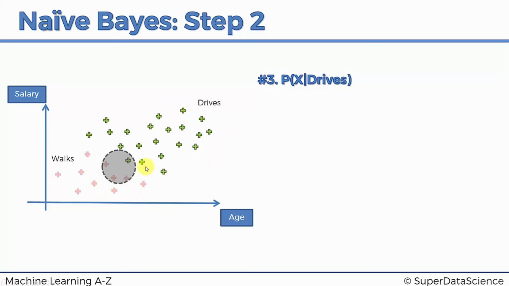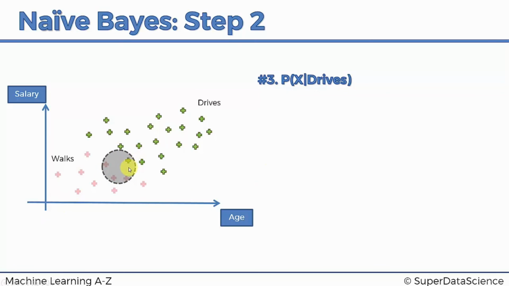There you go, they're faded out, and now we're only dealing with the green dots. So the question is, given that we're selecting a random point out of all of the people that drive, so this vertical bar means given that a person drives to work, what is the likelihood that they will exhibit features similar to X, which we agreed is the same as they fall inside this circle.